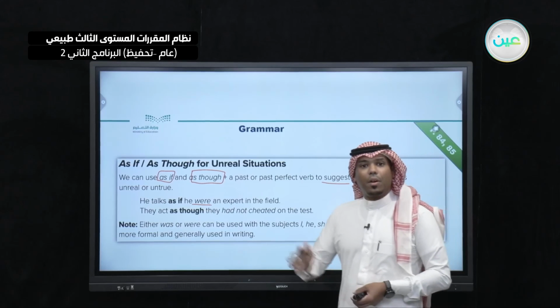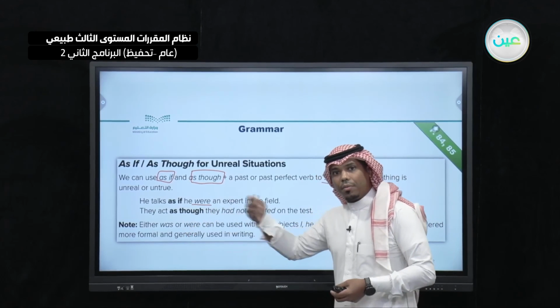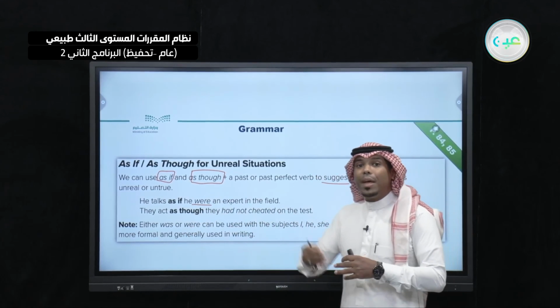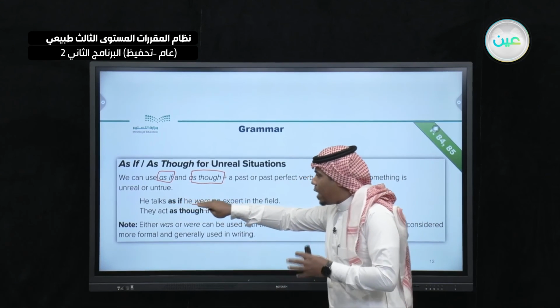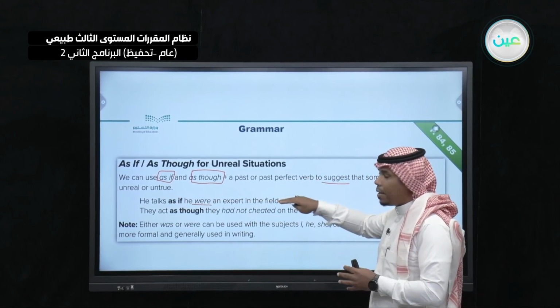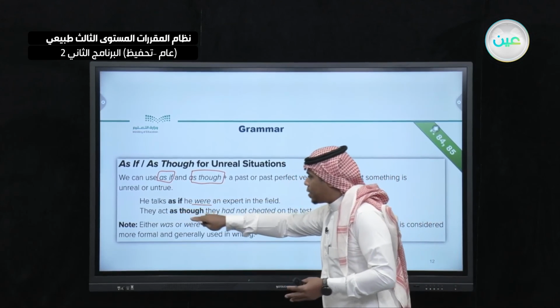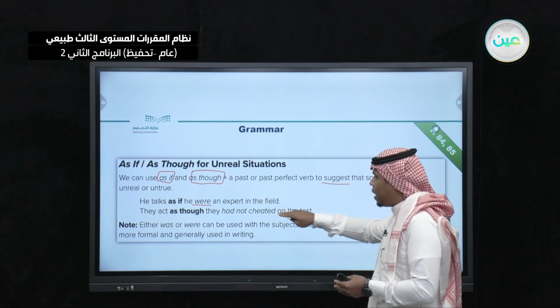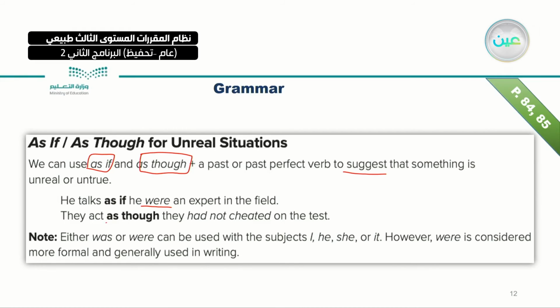Do you remember when we said if I were? I'm talking about the imaginary. So here, he talks as if he were an expert in the field. And they act as though they had not cheated on the test. Here we used as if and as though to suggest that something is unreal or untrue.